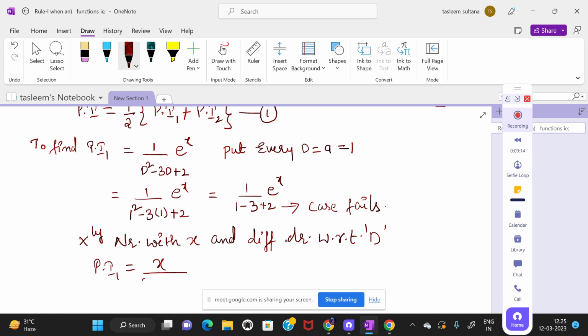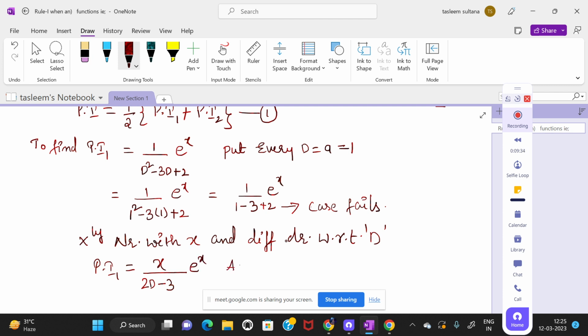Yes, 2d, then minus 3d differentiation, minus 3. The d differentiation is equal to 1, so simply we are left with the d. What about the constant? 0. Yes, e to the power of x.